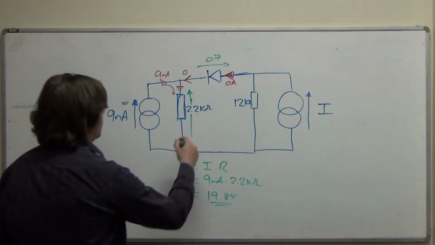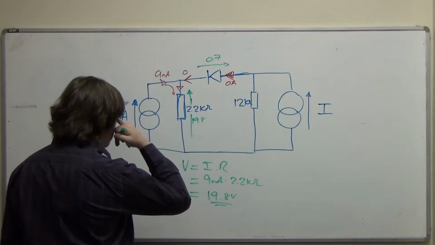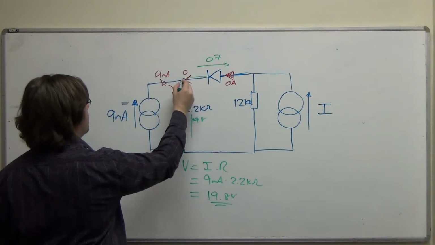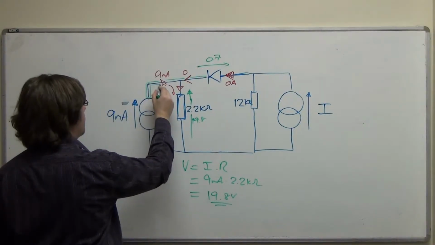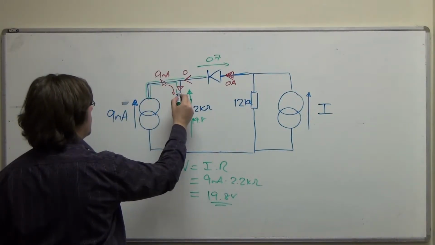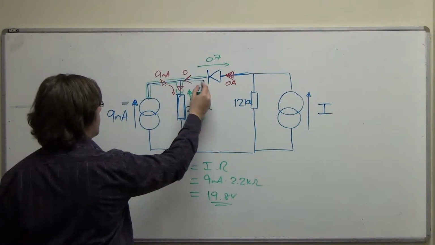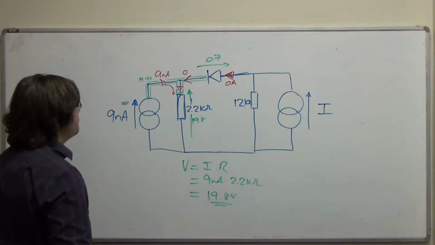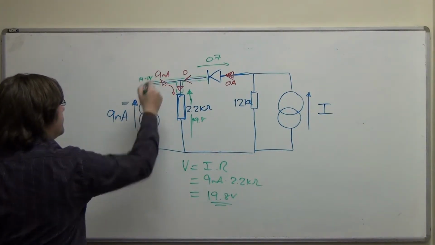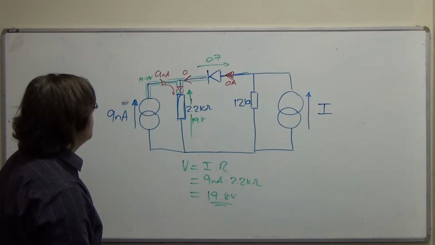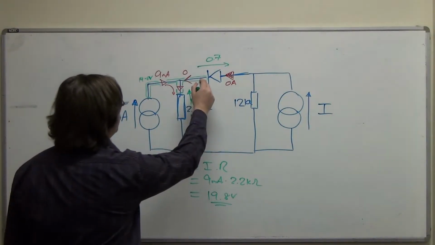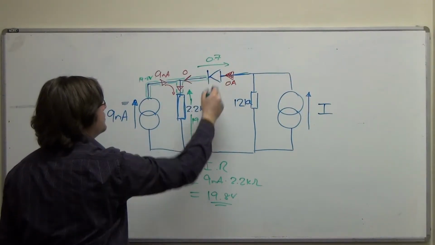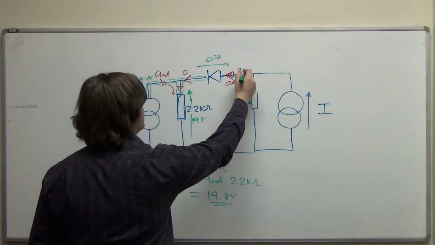Okay, so 19.8 just there, which means that all of this stuff here, all of that is at 19.8 volts. Well, in that case, we know that we've got 19.8 here, plus 0.7 to get us to over here. Well, that's 20.5 over here.